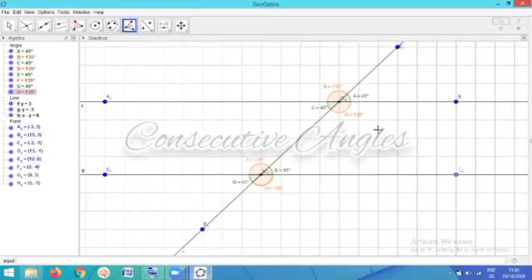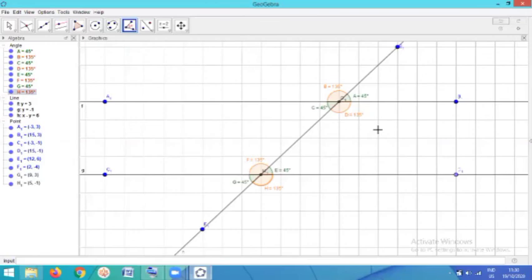The next is consecutive angles. Figures show angle D and angle E are consecutive angles. It's called consecutive interior angles. And then angle A and angle H are consecutive angles too, called consecutive exterior angles.